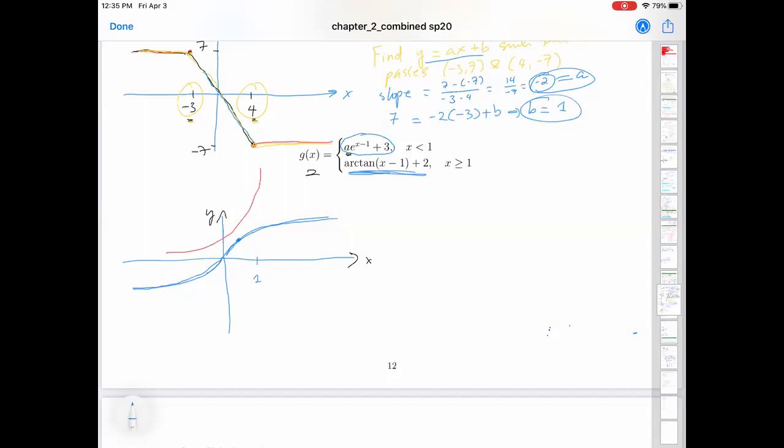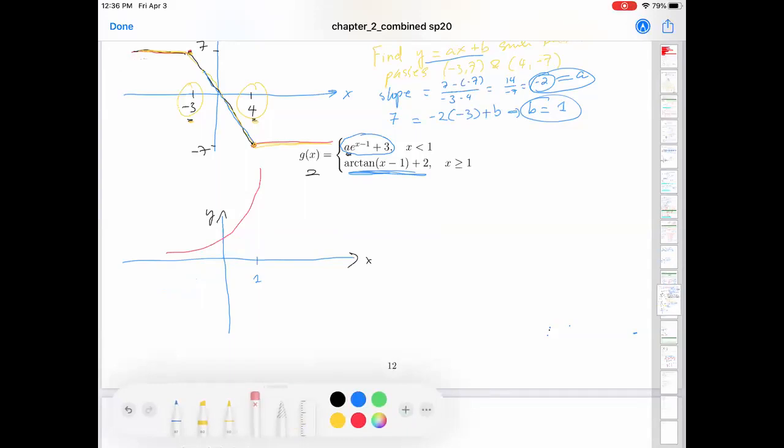And since you have arctan of x minus 1 plus 2, I think I have to move this up by 2. Move this up a little bit.